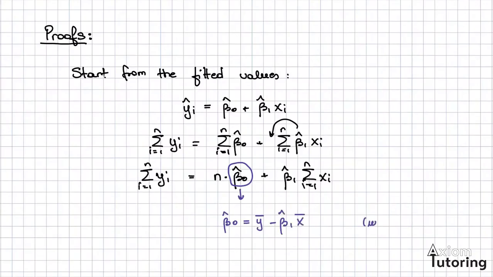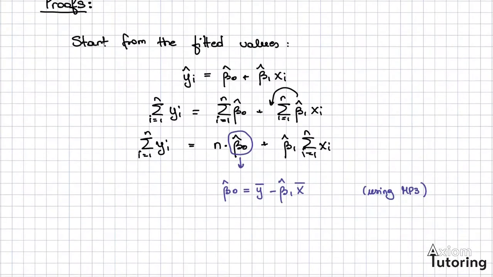So we're using mechanical property 3, which is basically what we found as an end result for the beta null formula once we solved the first order conditions. If we substitute this expression now, we can continue rewriting this as the sum of the yi hats, 1 to n, of y bar minus beta 1 hat x bar, plus beta 1 hat.